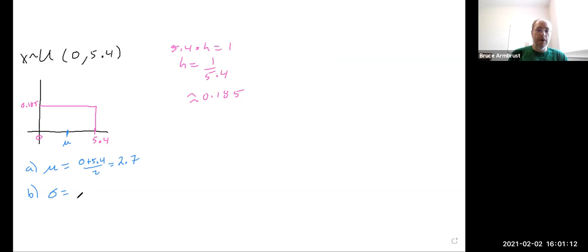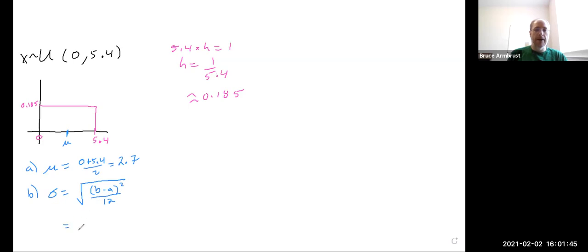There is a formula for it, though. It's the square root of b minus a squared divided by 12. Where that comes from, I'm just going to tell you the math says it must be. You can actually prove it, but we're just going to go with this is the formula for it.